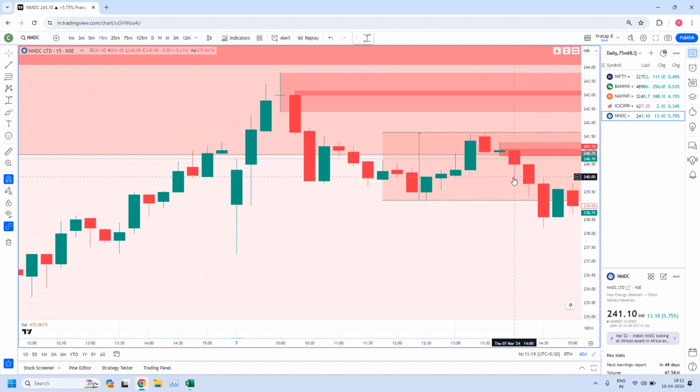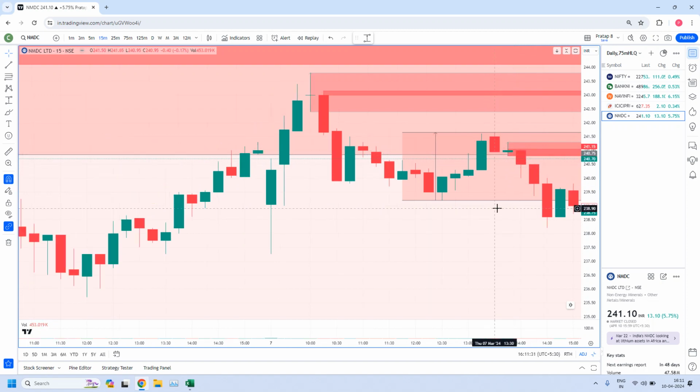Maybe many of you may not be convinced, but because of the range I considered this. After that again we have a follow through candle and one more candle. This is a valid zone. There is nothing wrong. We have a drop, base, drop, and follow through candles. This is the 15-minute zone inside this 75-minute zone.